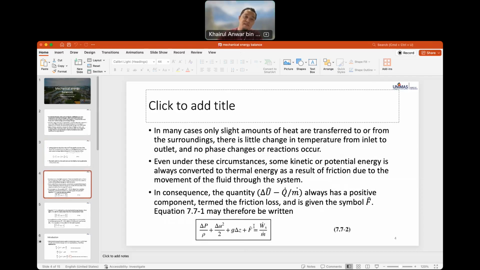In many cases, only a slight amount of heat is transferred to or from the surroundings. There is little change in temperature from inlet to outlet, and no phase changes or reactions occur.